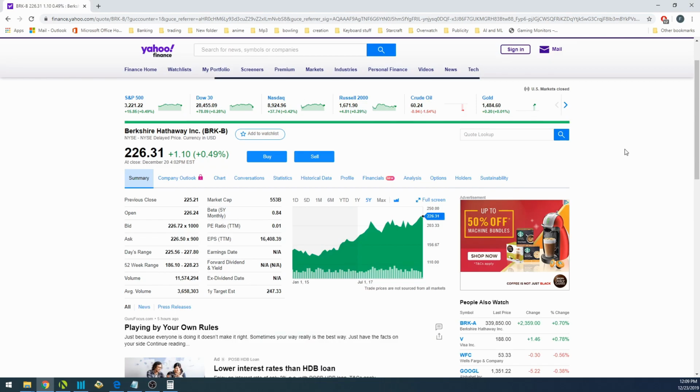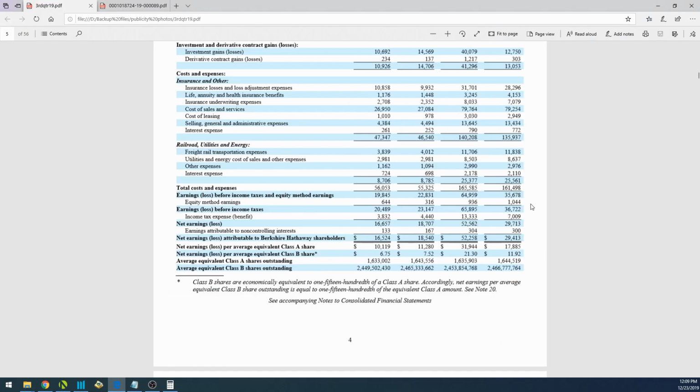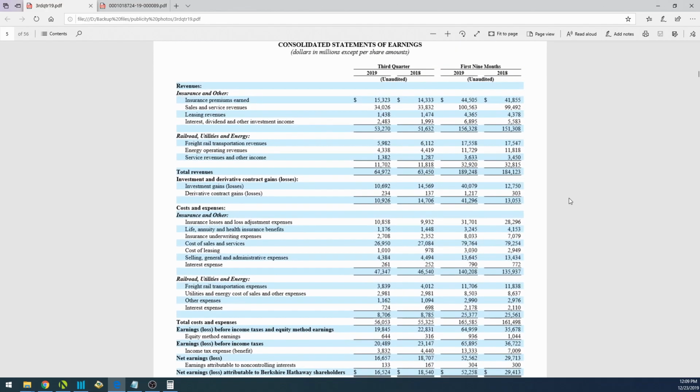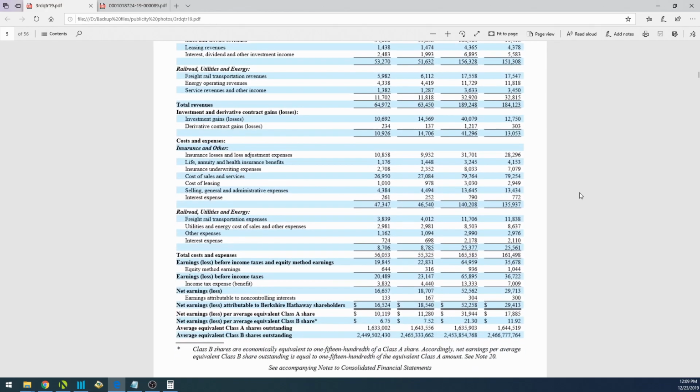Of course, you have to take into account that it seems like most of the growth in revenue for Berkshire Hathaway this year seems to be from their investing activities rather than from the growth in their business. So their insurance business might have earned more money this year, but it comes at the expense of increased costs.